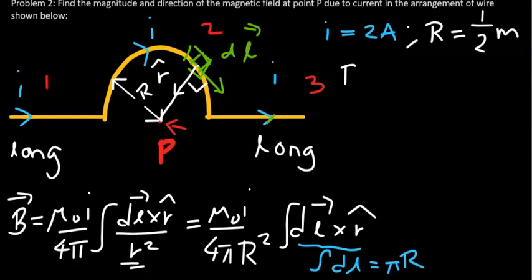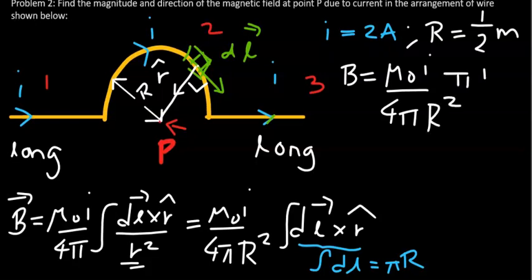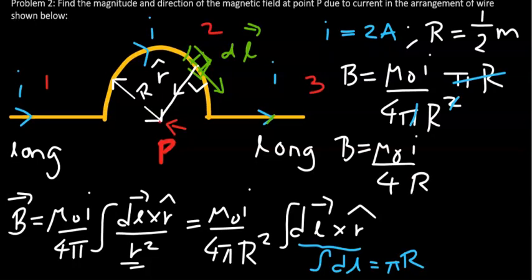So first we can compute the magnitude of the magnetic field. It is mu naught I over 4 pi r squared. The integral becomes pi times the radius. We note pi r cancels this pi and that r, giving you the expression mu naught I over 4 times r for the magnitude of the magnetic field.